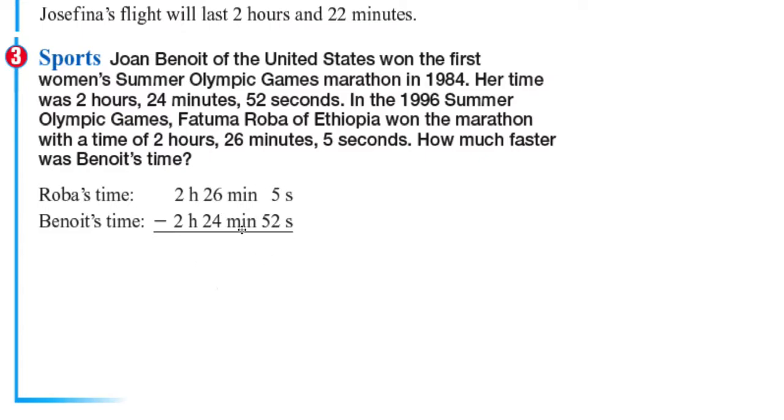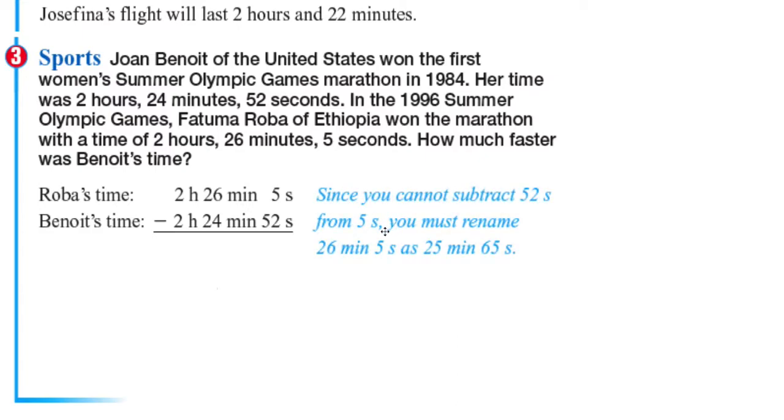Remember the meaning of subtraction in this case: finding the difference. Since you cannot subtract 52 seconds from 5 seconds, you must rename 26 minutes 5 seconds as 25 minutes and 65 seconds.